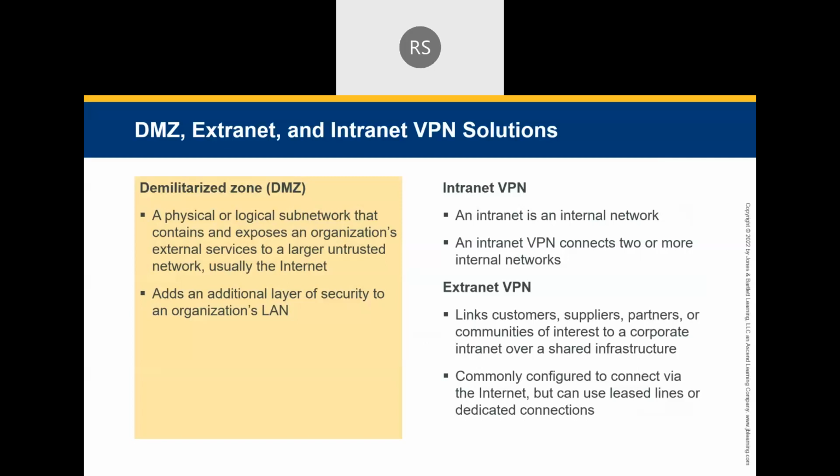This is something that's typically the internet. Extranet VPNs can also be configured to use various network technologies, including leased lines, dedicated connections, or encrypted tunnels over the internet, depending on the security and performance requirements.